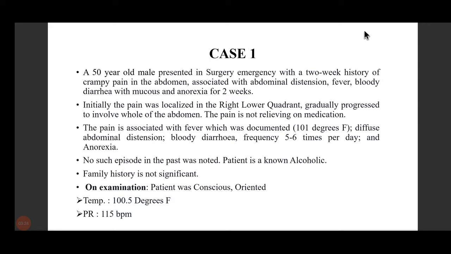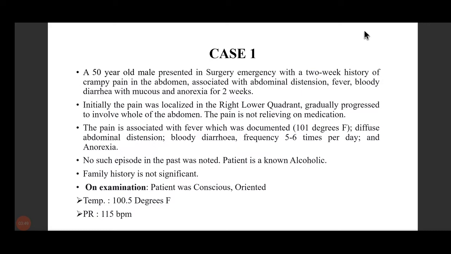Periumbilical pain. Then it radiates to which side? Right lower quadrant, na? Yeah. McBurney's point is the most tenderness at that point, quite characteristic of acute appendicitis, right?